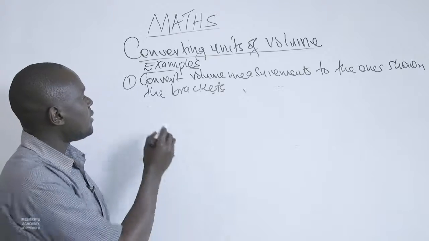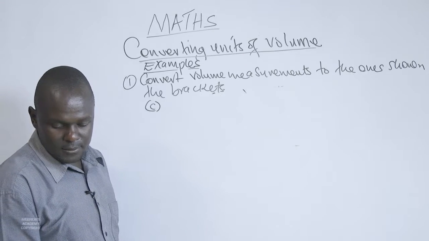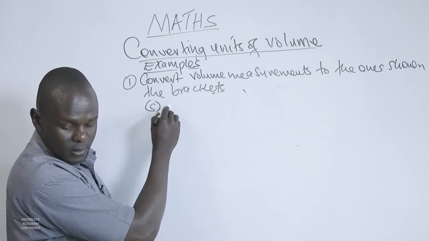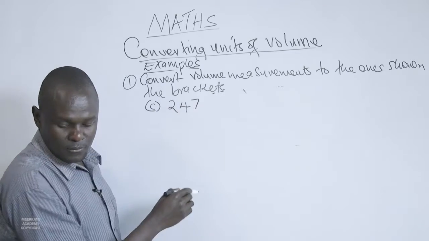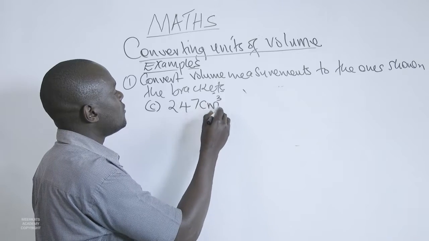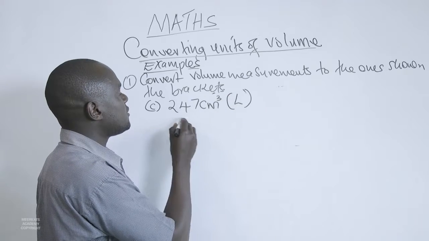Let us look at an example that entails our special units of volume, where we convert 247 cubic centimeters to liters.